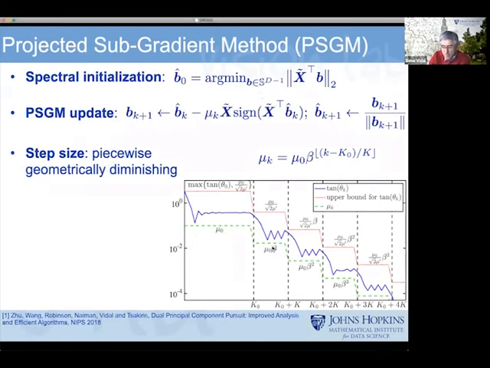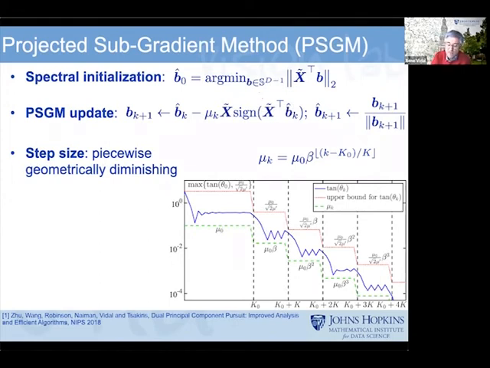And then we keep it constant for a number of iterations, capital K, and then we multiply by beta again. So the step size is piecewise constant and piecewise geometrically diminishing, and that's what the formula at the top says.